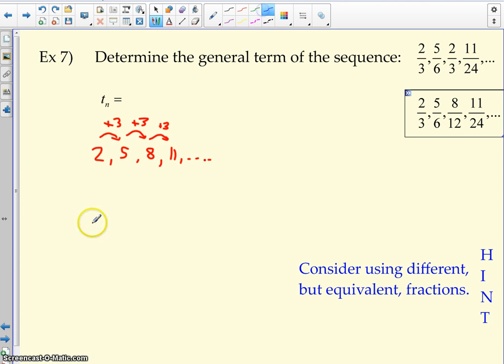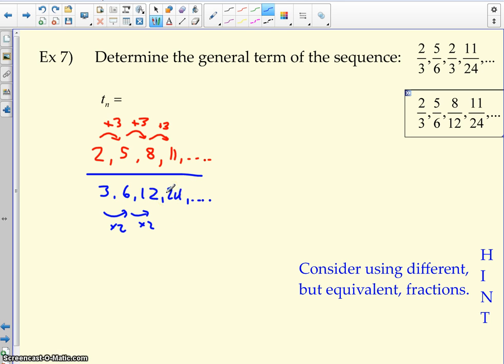If you look at the denominators, they go 3, 6, 12, 24, and hopefully you see that you're multiplying by 2 every single time. So the denominator actually follows a geometric sequence.